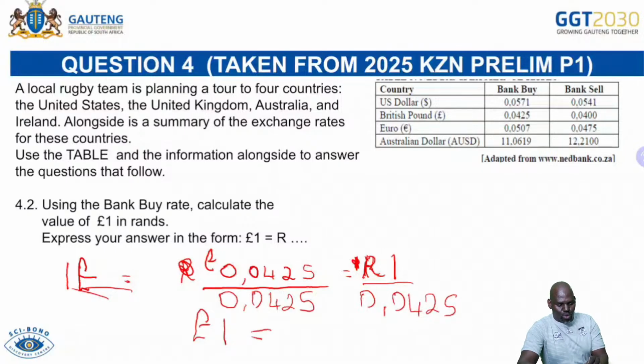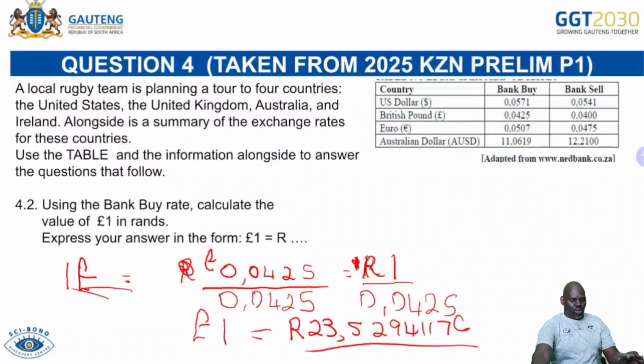On the other side, I'm going to have 1 divided by 0,0425. Then I get 23,52941176.